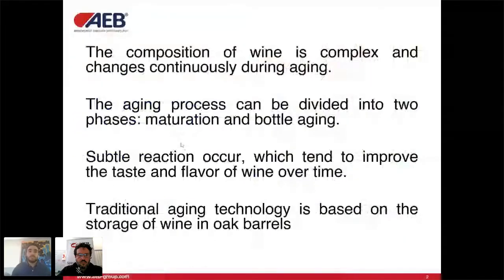So during the aging of the wine, which at the end of fermentation is a complex matrix, a subtle reaction occurs that can improve the taste and the flavor of the wine over time. The traditional aging technique is based on the storage of the wine in oak barrels.